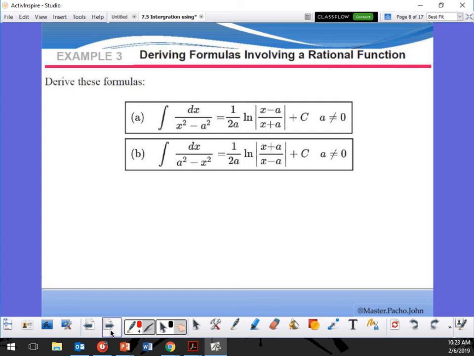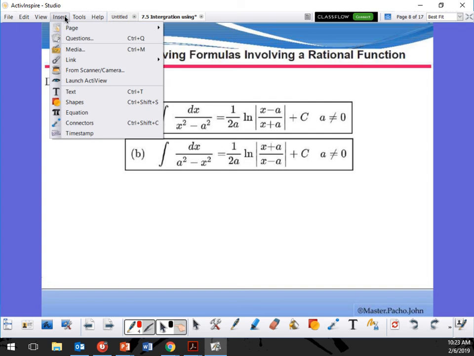So I'm going to do my first one. So x squared minus a squared, integration dx. So that's 1 over x squared minus a squared, and then dx. Okay, so that's a difference of squares.